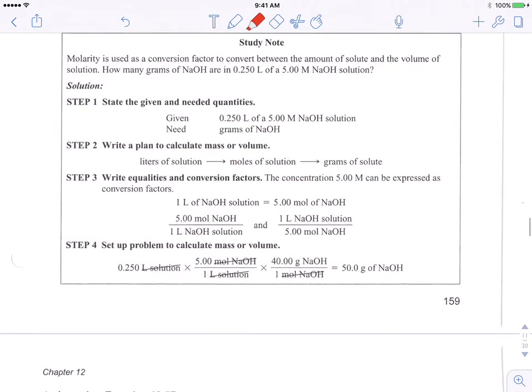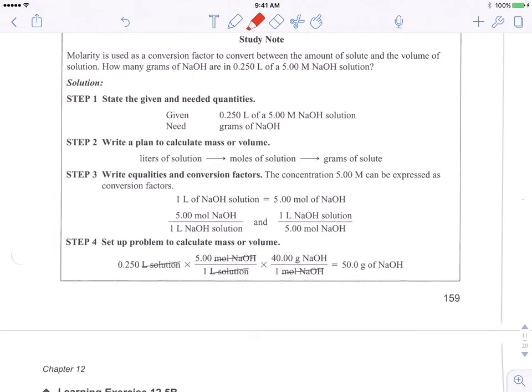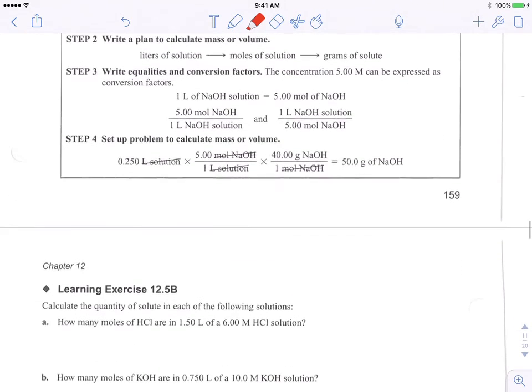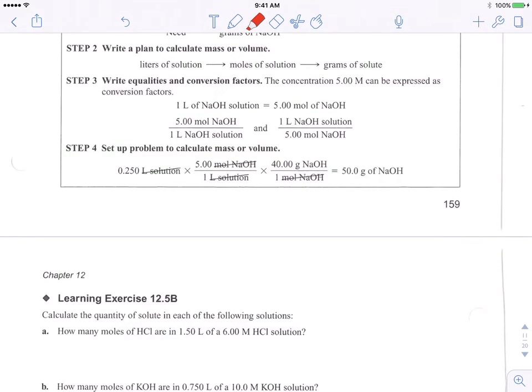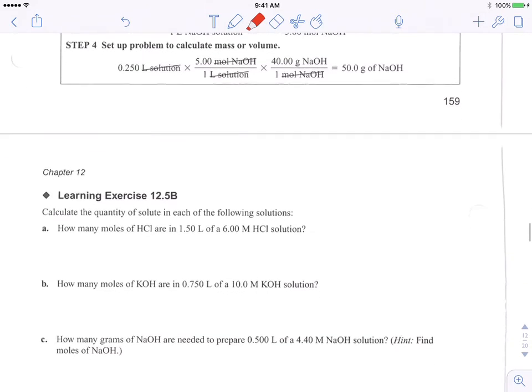Excellent. We can use molarity the same way in stoichiometry, just as a ratio, the same way we use molar ratio, density, ideal gas law, whatever it is, same exact thing. Nothing has changed so far.